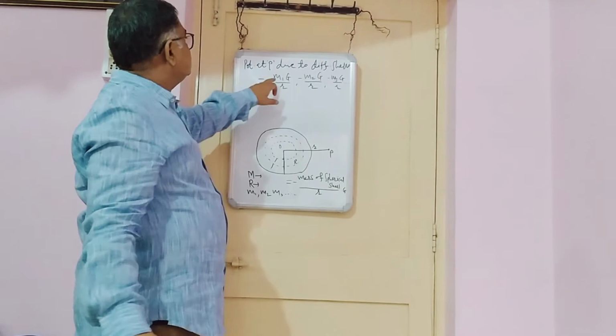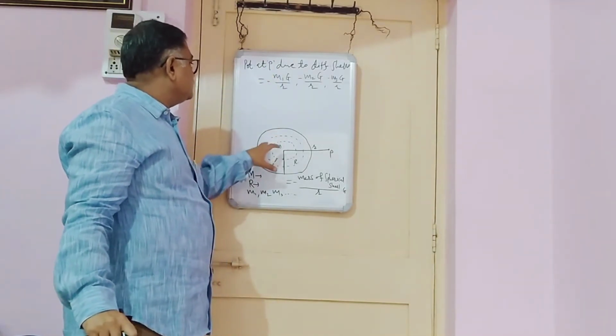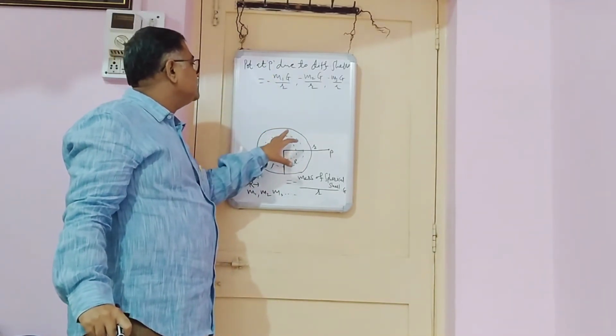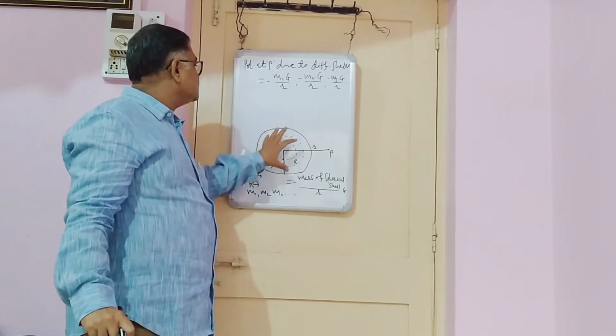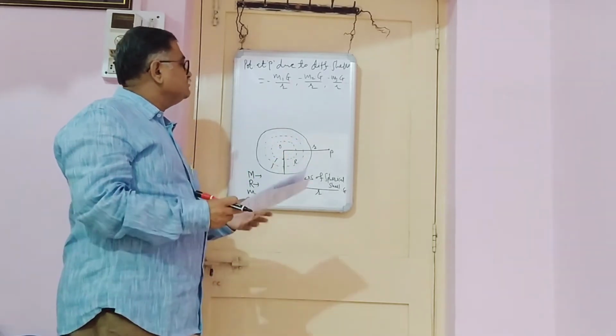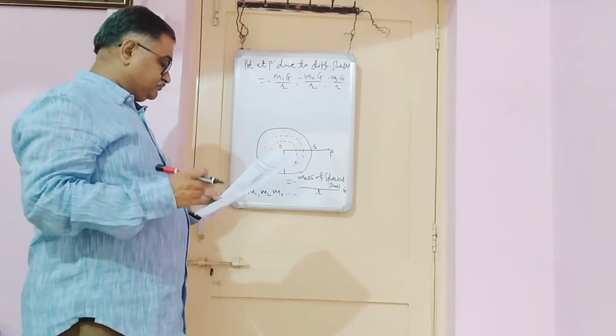Once again we will see, m1 is nothing but the mass of the first spherical cell, m2 the second spherical cell, m3 and so on.